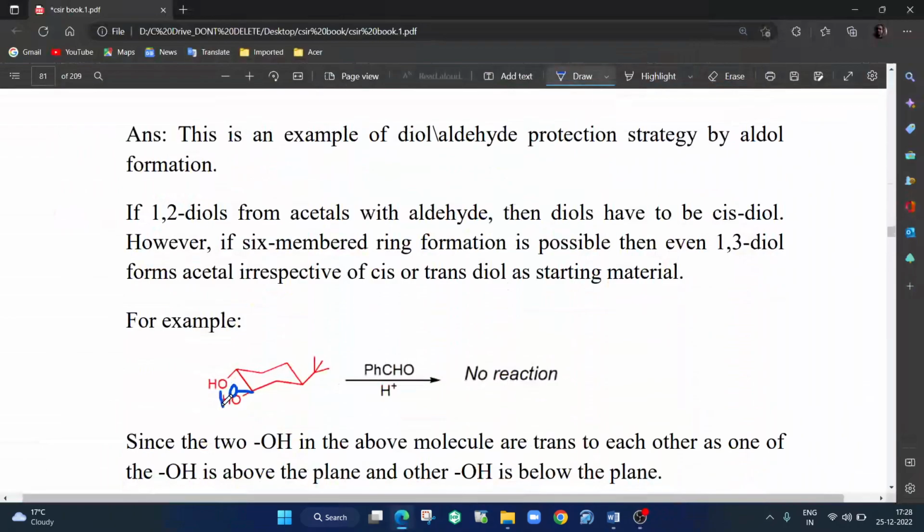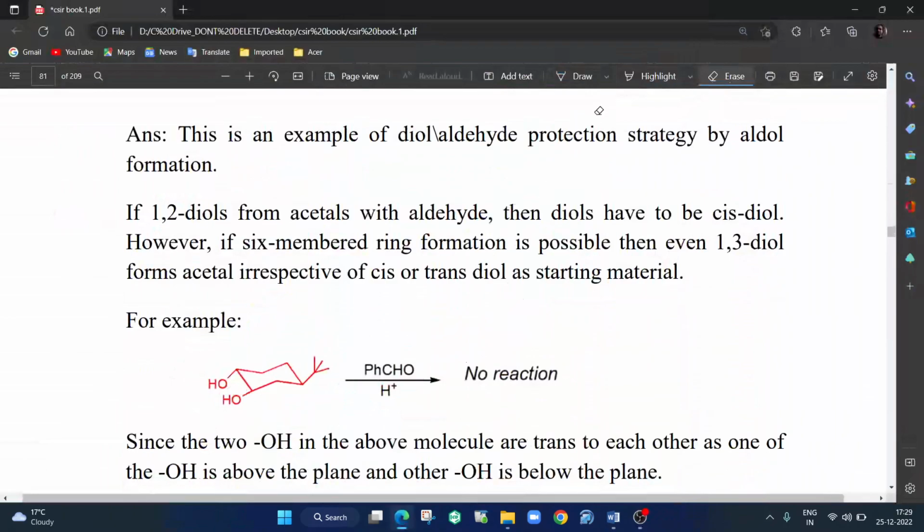So what happens, you can see here H is up, axial position, this OH in equatorial position. Here also H is down, OH is up. This is axial hydrogen and OH is in equatorial. Now this OH is below the plane, this OH is above the plane, so they are trans to each other. So if you try to do this acetal protection, it will not occur. Please pay a lot of attention. So if a 1,2 diol has to be there, they have to be cis to each other.